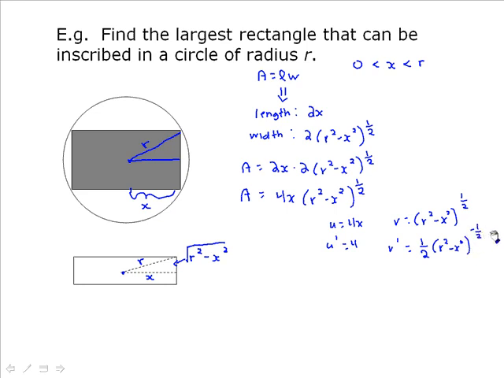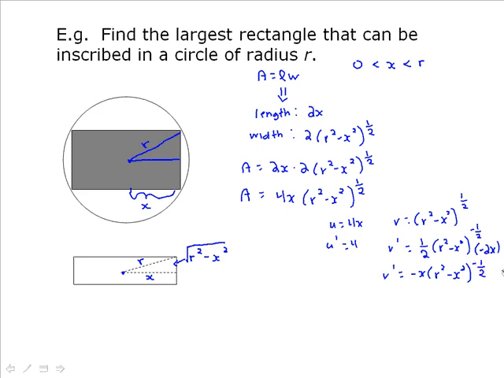Then we have to take the derivative of the inner part. The derivative of r squared is 0, since r is a constant, and the derivative of negative x squared is negative 2x, which makes life easier because the 2x times 1/2 is going to go away. So we get v prime equals negative x multiplied by r squared minus x squared to the negative 1/2.